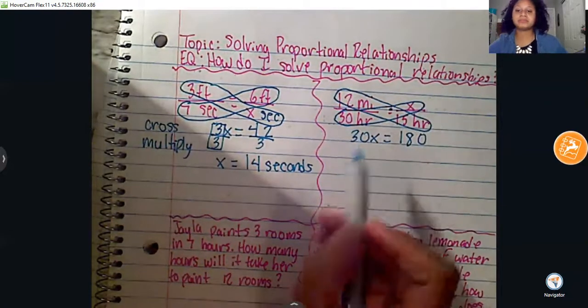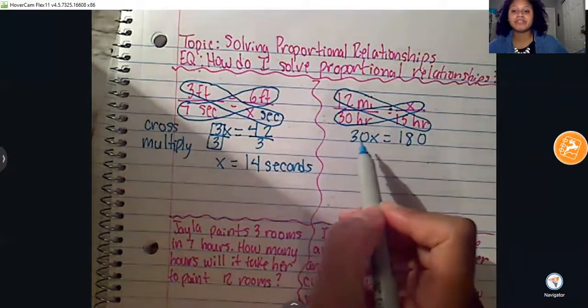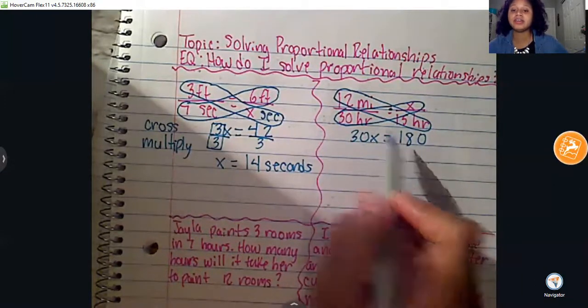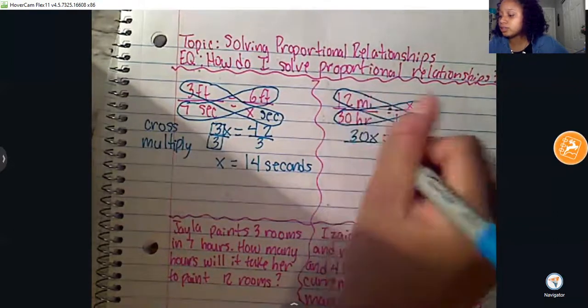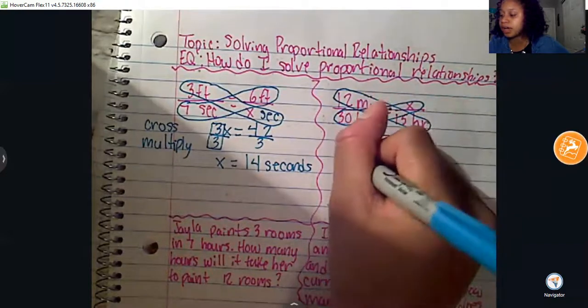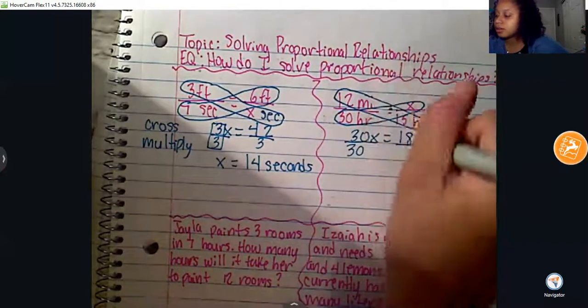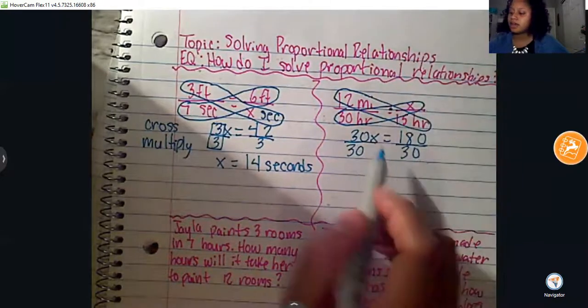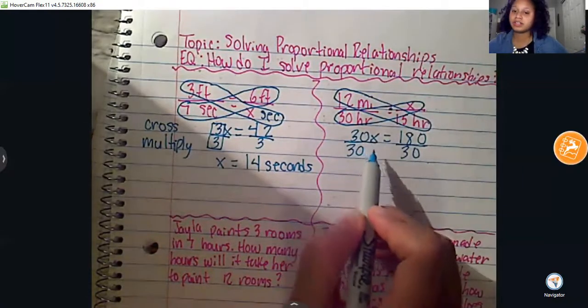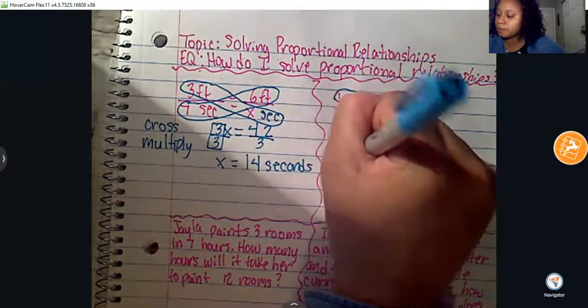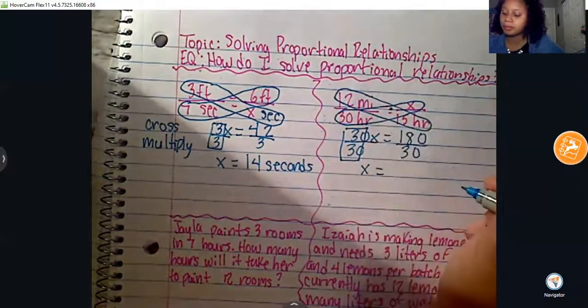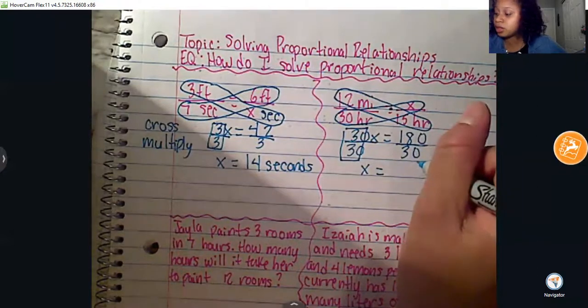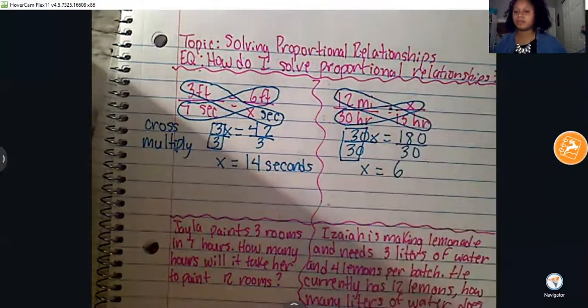So it becomes a one-step equation where you have 30x is equal to 180. To eliminate this 30, we need to do the inverse operation and divide 30 on both sides. 30x divided by 30 makes a giant 1. So you're just left with x equals 180 divided by 30, which is equal to 6.